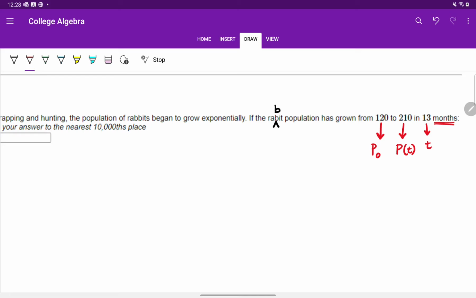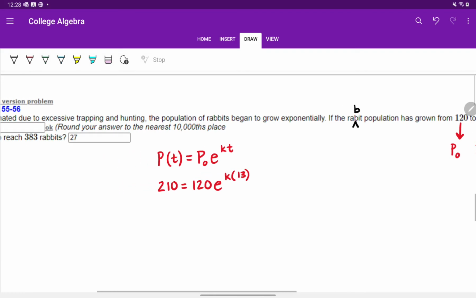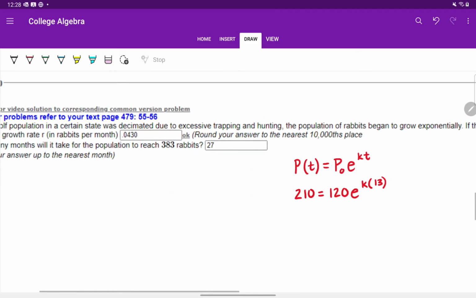So let's plug these into the formula. P of t equals P naught times e to the kt. We know that P of t is 210, P naught is 120, and t is 13. We got all of that before we even read the question.